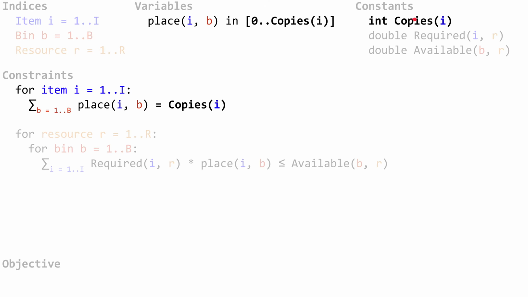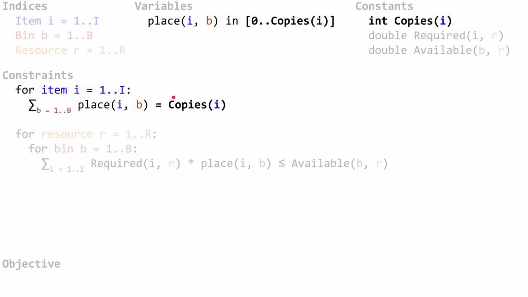So in here, of course, you need the extra input data, which is the number of copies of each item. But then the only change you need to do in your algorithm is to say that the variable is no longer binary, but is a generic integer.